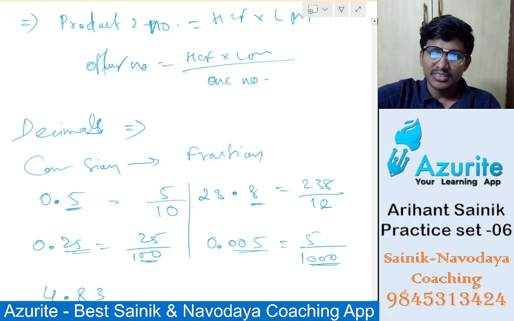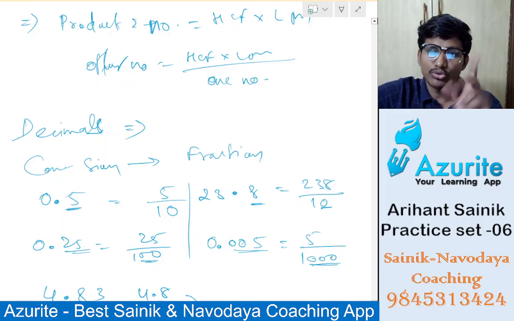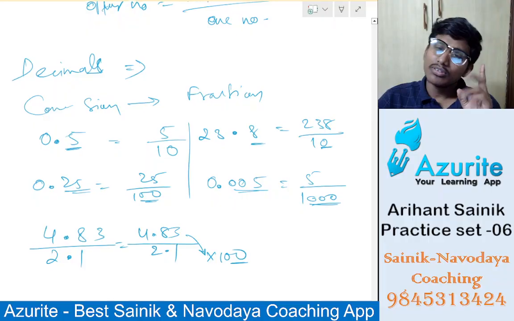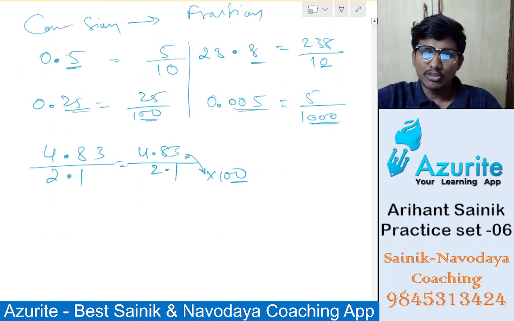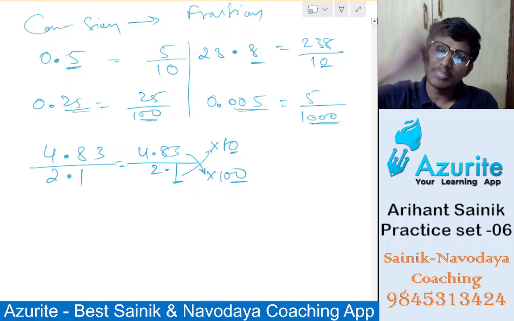When the number is in the numerator, we take the zeros in the denominator. 2 decimal places means 100, 2 zeros. 1 decimal place means we multiply 10 with the numerator.